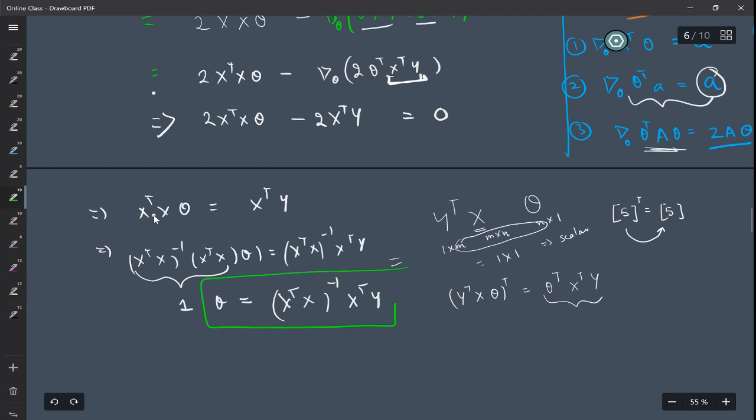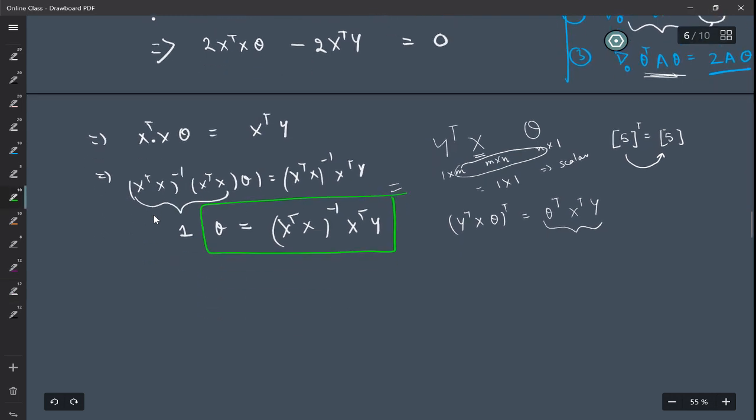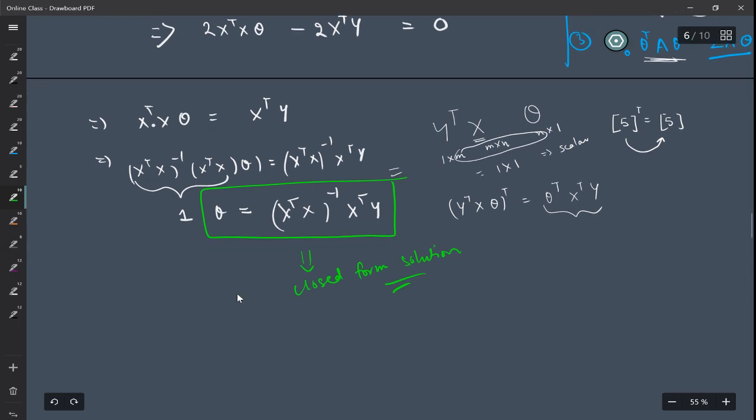So this is your end result, and this is called your closed form solution for regression, right? So this is how we can derive the closed form solution for regression, and you can also define this for other algorithms as well, right?